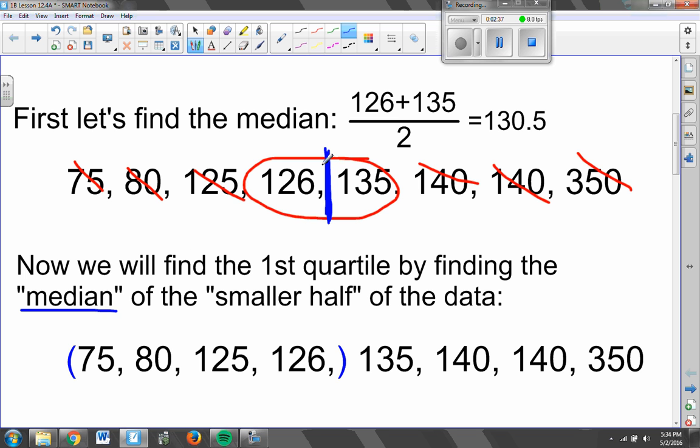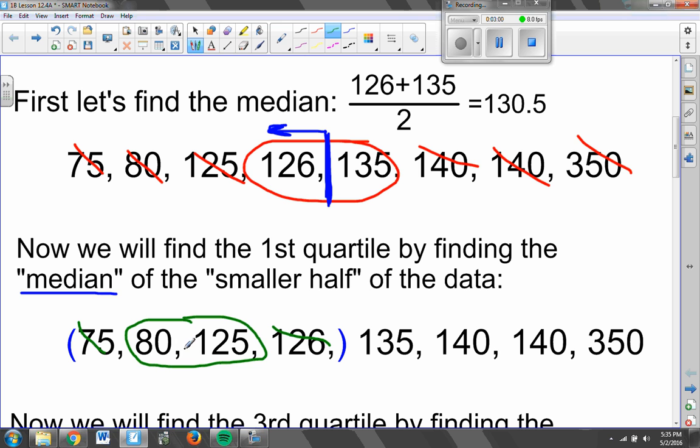So we go from our median and we just look at the smaller half of our data, which in this case is 75, 80, 125, and 126. And then I go through my median process again with just that smaller half. So I go 75 is gone, 126 is gone, and already I have just these 2 points here in the middle, 80 and 125.